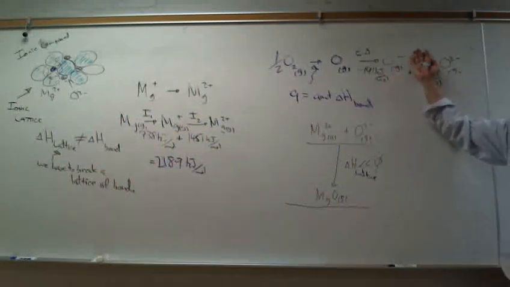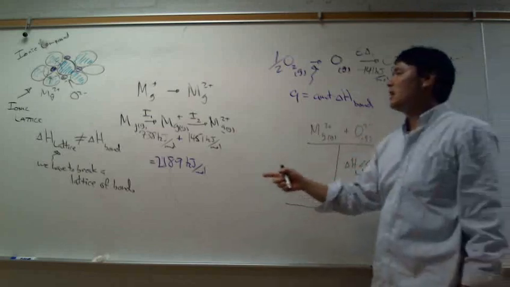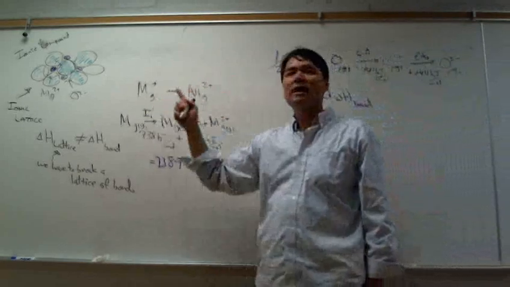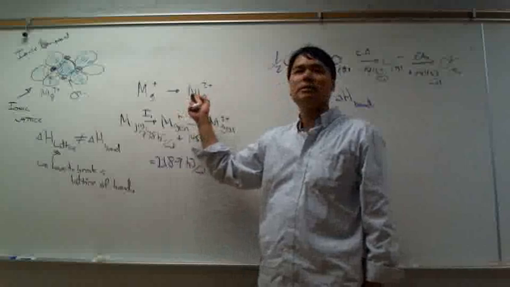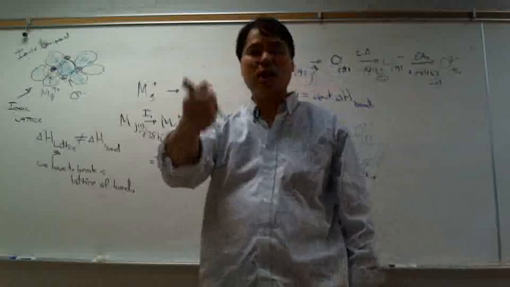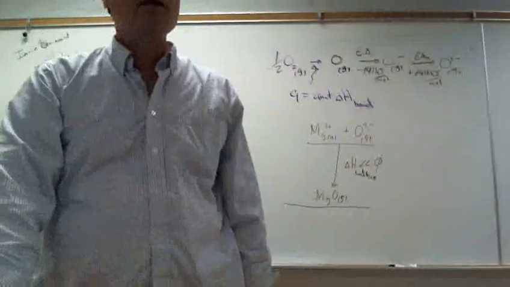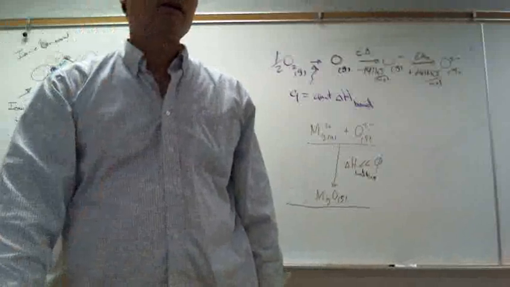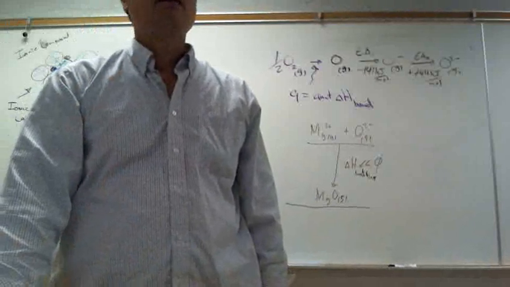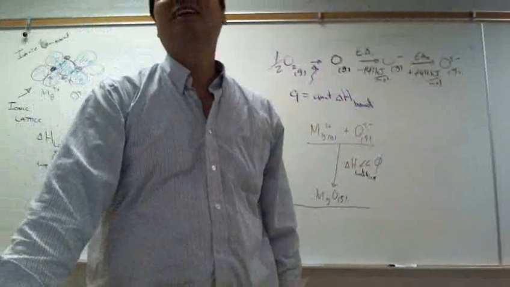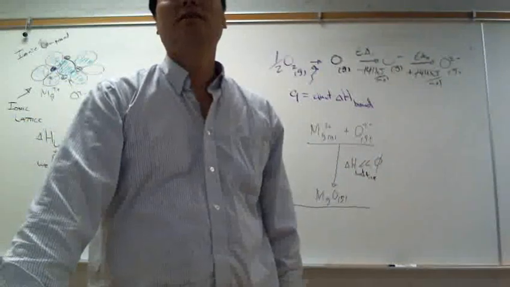Look at that. That's favorable, right? So if we made this Mg+ and O- rather than Mg2+ and O2-, our initial cost is smaller, right? The initial cost is smaller, but the return is less.